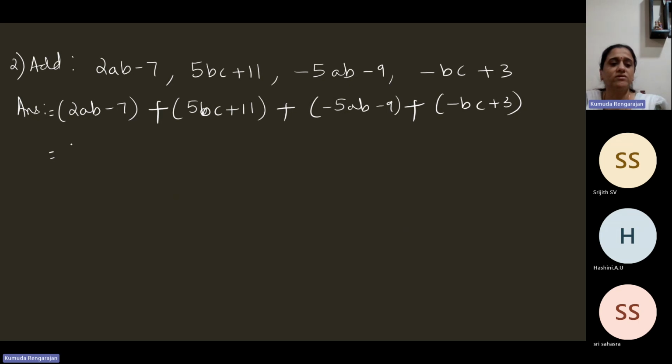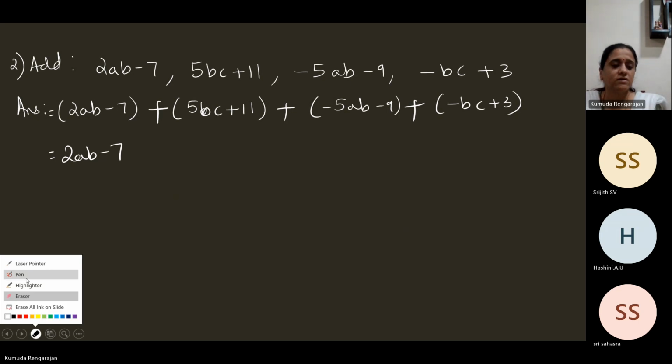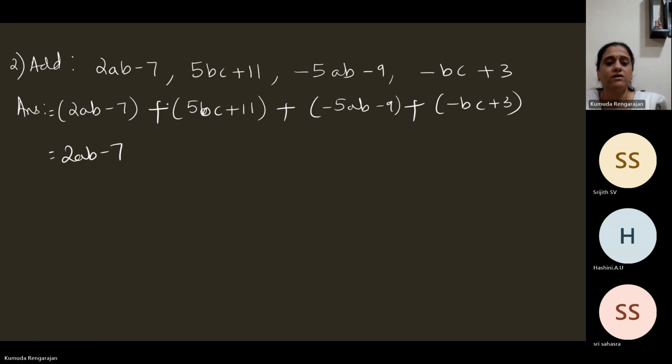Now remove the brackets. Before the bracket, if there's a plus sign, the terms inside the bracket will just come out as they are. There'll be no change in the sign, because plus into plus is plus. When you multiply this plus sign with the terms inside the bracket, the signs will not change.